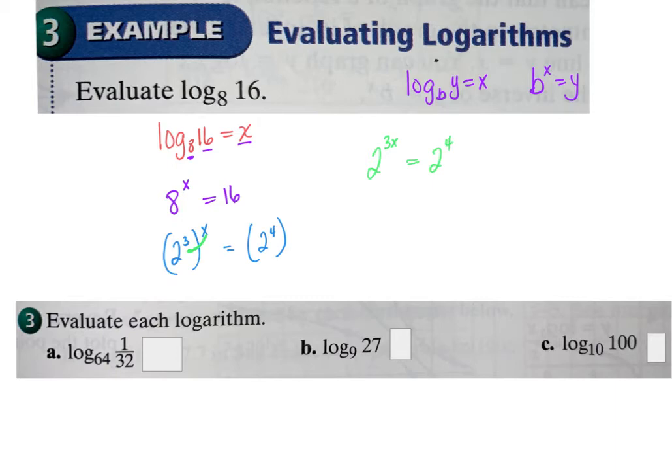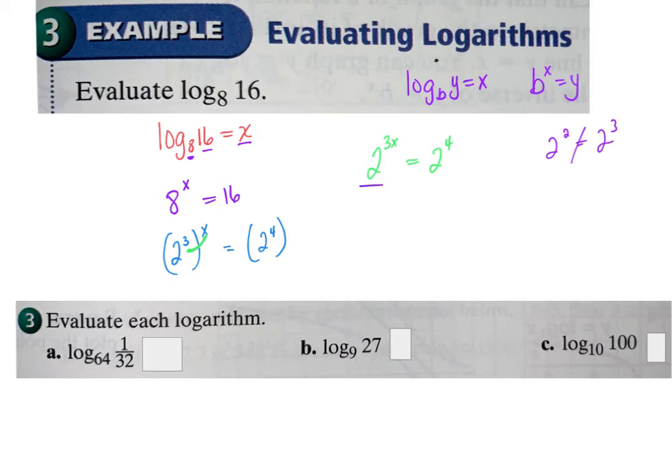Now, anytime you have a base to a power equals a base to a power, it means that those powers must equal each other, right? Because I would never have something like, oh, well, 2 squared equals 2 cubed. That's not true. If I have the same bases, the exponents must be the same for that equation to be true.